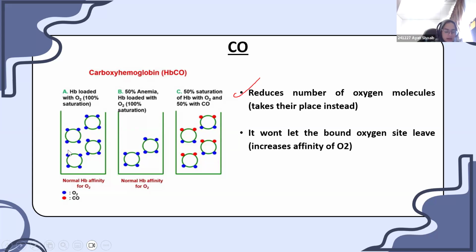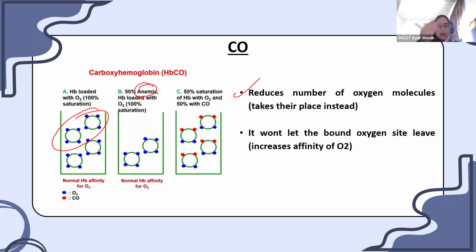Okay. We have three containers here. This is the normal one. So you have hemoglobin, you have oxygen, and the oxygen binds to the hemoglobin, 100% saturation because all of the binding sites are filled, okay? Then you have this one, you have 50% anemia. In anemia, you have a low RBC count, like I told you in the two graphs, the saturation curve and the curve I explained to you, how it reduces from 16 to 8.